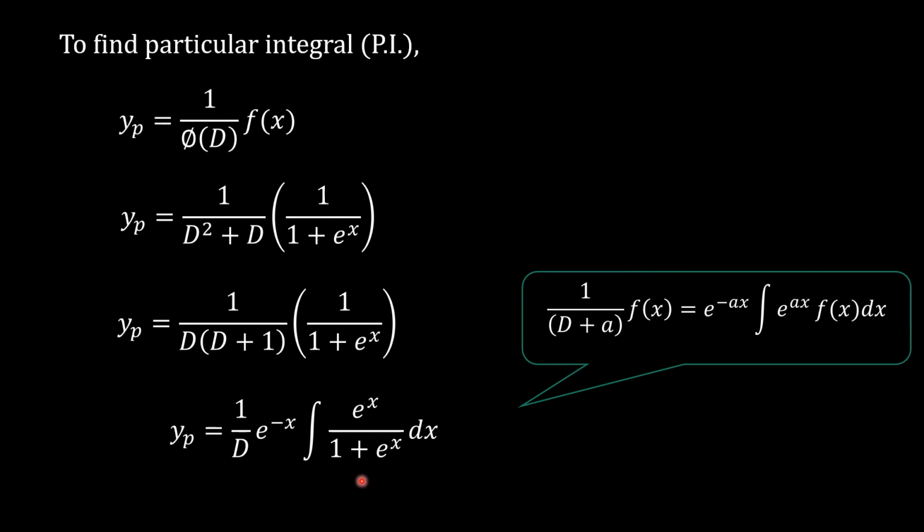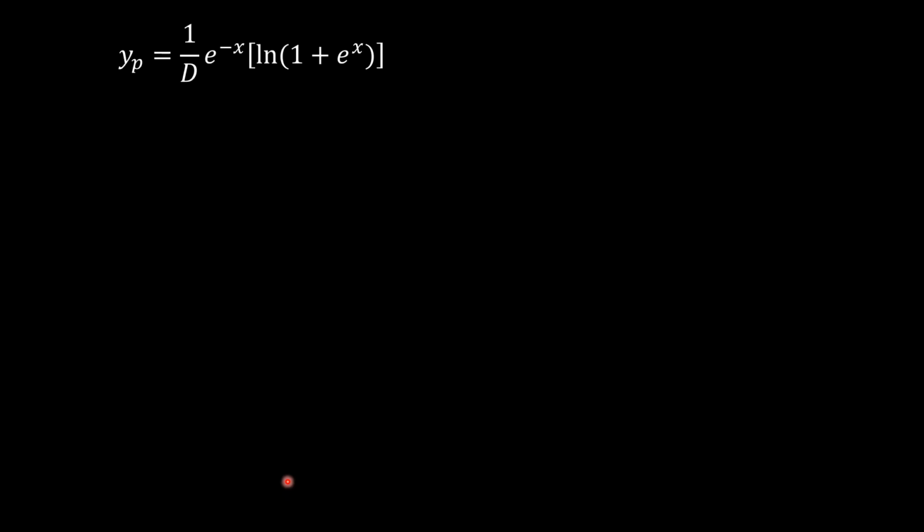It is of the type ∫ f'(x)/f(x) dx, and we know its integration. Using that formula, yp = 1/D of e^(-x) times the integration of f'(x)/f(x) dx, which is log of f(x). So here it is ln(1 + e^x).